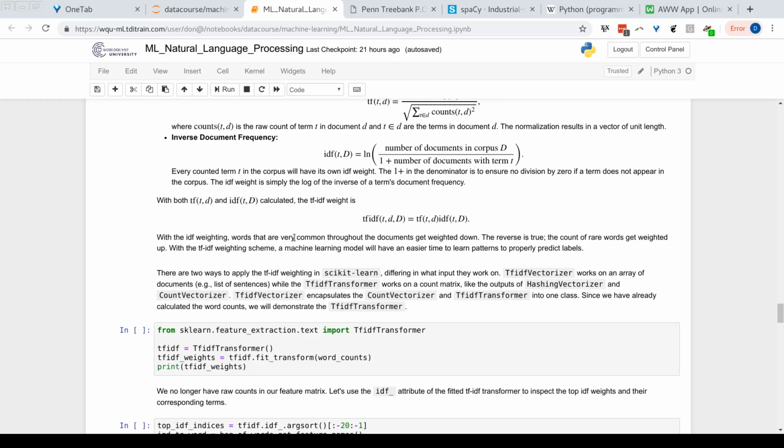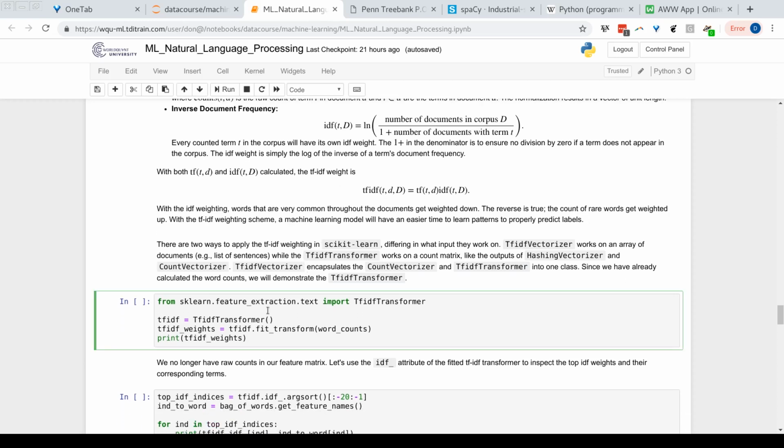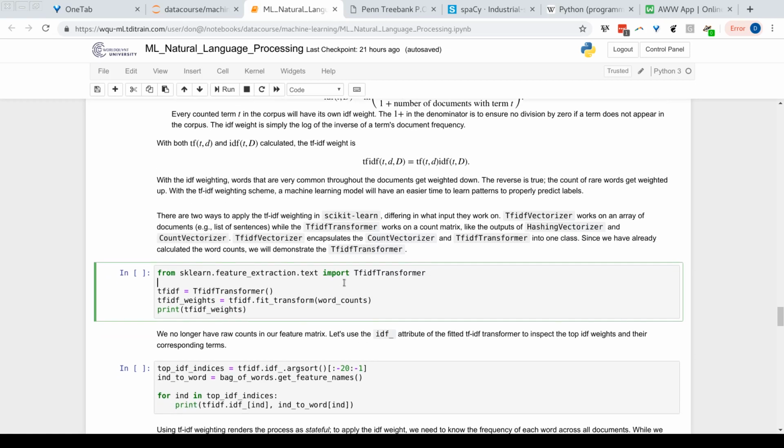So with this term frequency, inverse document frequency, let's see how we can do this in scikit-learn. In scikit-learn, there are 2 ways to do this. Let's explore one way. There's a TF-IDF transformer, and the way that this works is that you have to give it the array of your documents, the array of text, the array of strings.